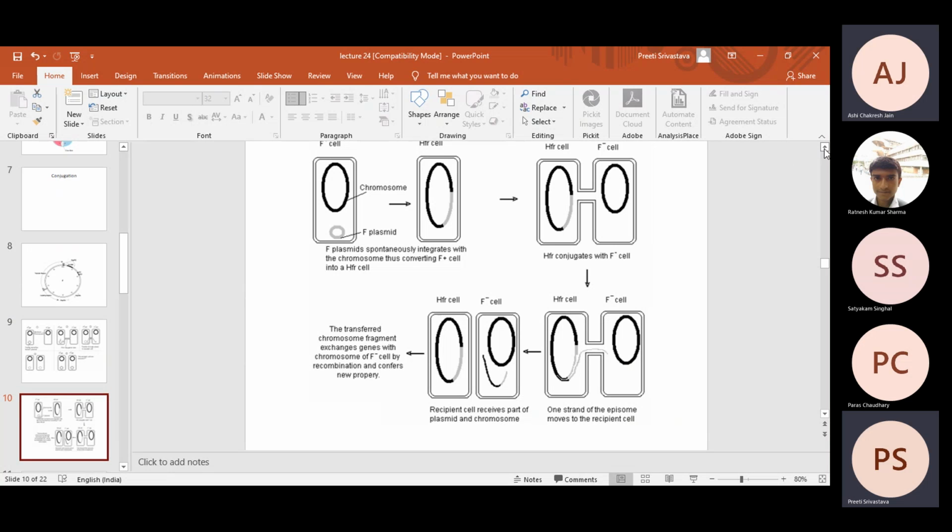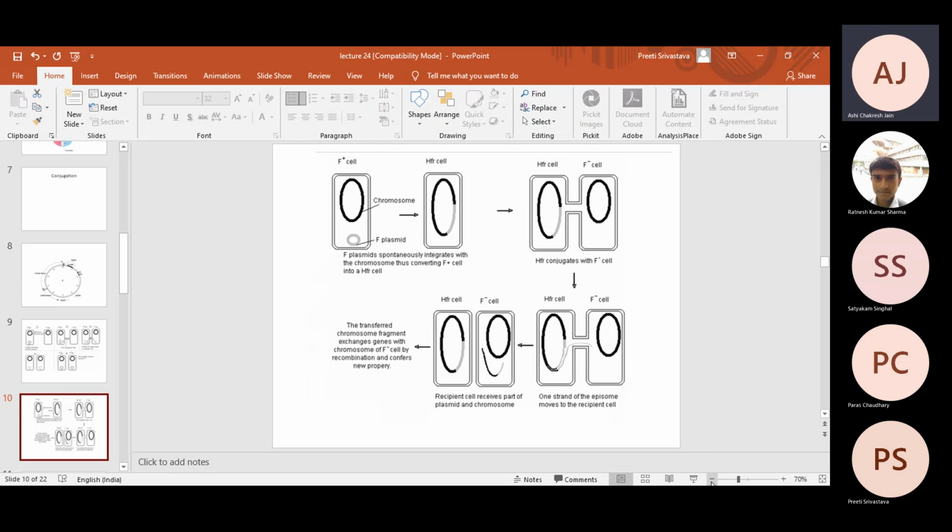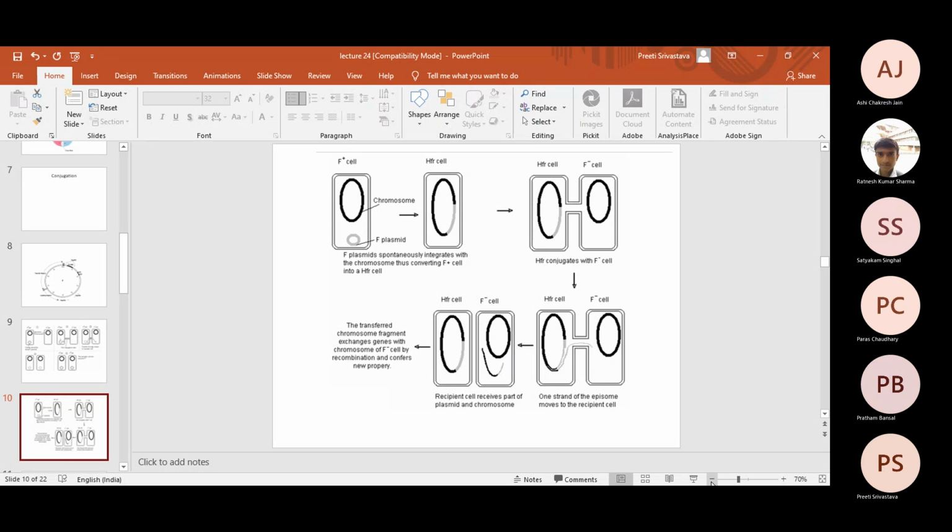Now this one, HFR. At times the F plasmid combines with the chromosome itself, and then we call the cell an HFR cell, high frequency of recombination. When the HFR cell forms a pili or conjugates with an F minus cell, sometimes a part of the chromosomal DNA is also transferred to the F minus cell.